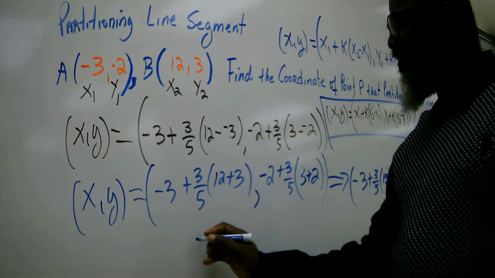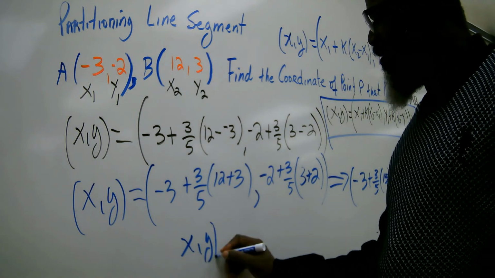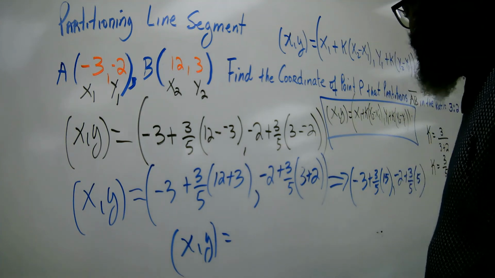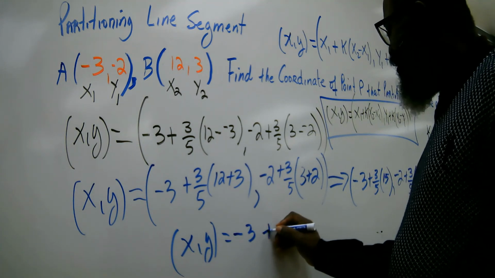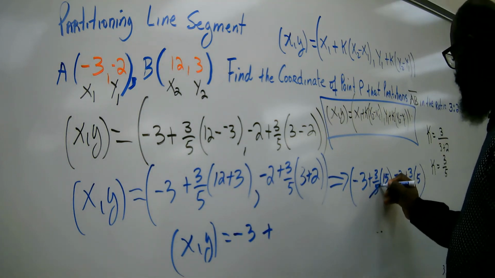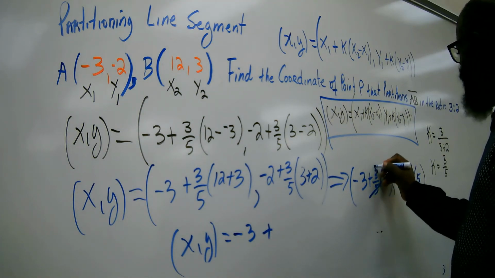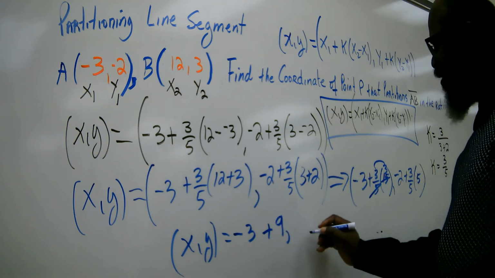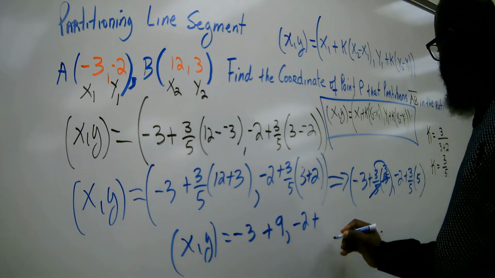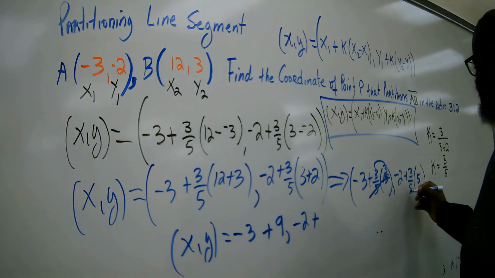Now we have the point we're looking for on the segment AB. That will be minus 3 plus, you ask yourself how many times 5 goes into 15, that is 3, and 3 times 3 is 9. That will be plus 9, comma, minus 2 plus, how many times does 5 go into 5?